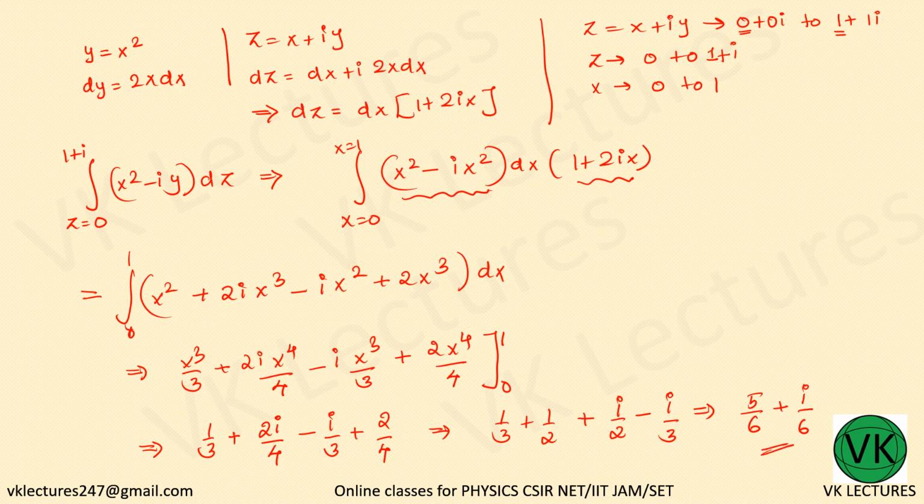Now from this you can understand that f of z that we were dealing with, which is given as x square minus iy, is not analytic. If it was analytic, both the integrals should have given the same answer.